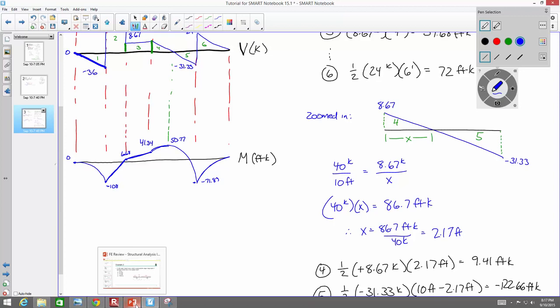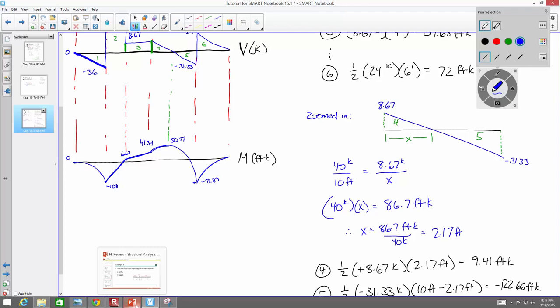Correct me if I'm wrong, but it's been said that the FE questions are designed for about 3 minutes apiece, 3 or 4. This is a longer question. This is one that you probably want to flag and come back to, even if you do know how to do it, because it's going to take a while.